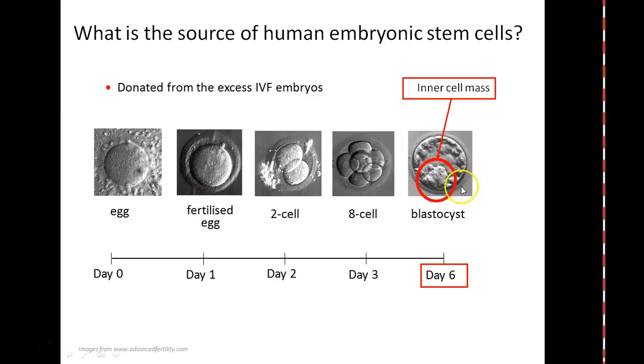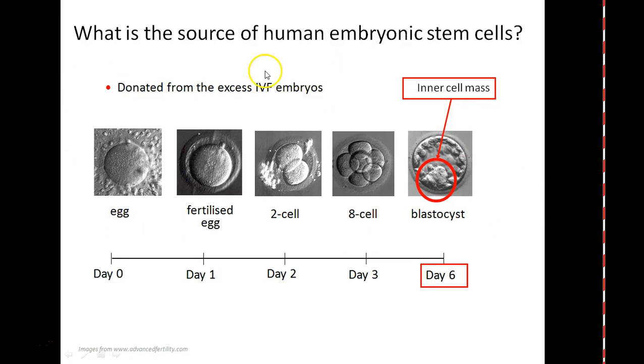And here at the stage of blastocyst, it's day 6, we have this inner mass containing the embryonic stem cells. And at this stage, the in vitro clinic asks the couple how many of these blastocysts they want to transfer, like how many babies they want to have. If they want to have just one baby, they would transfer just one blastocyst and would freeze the excess.